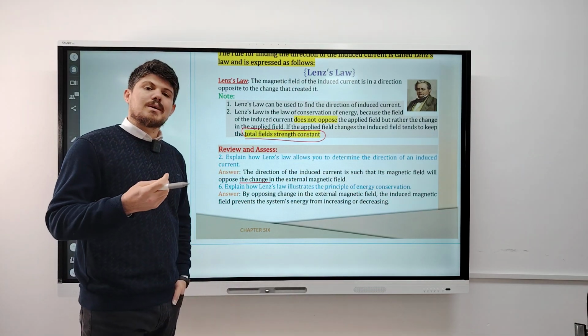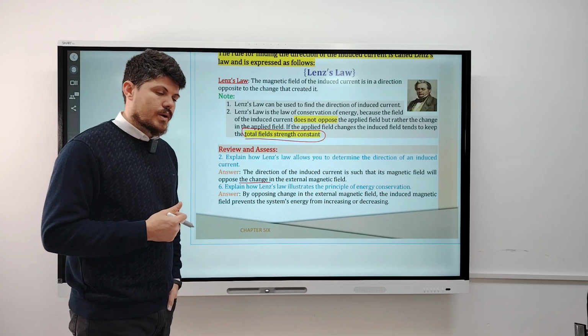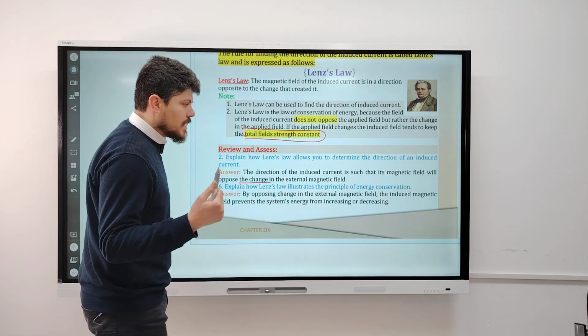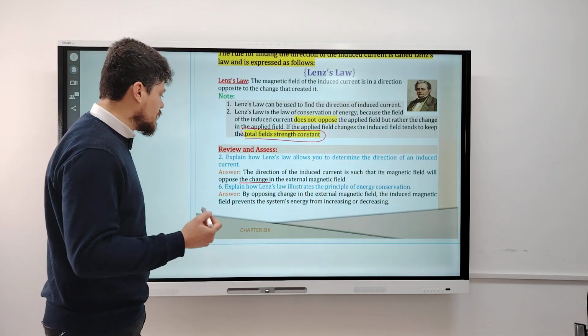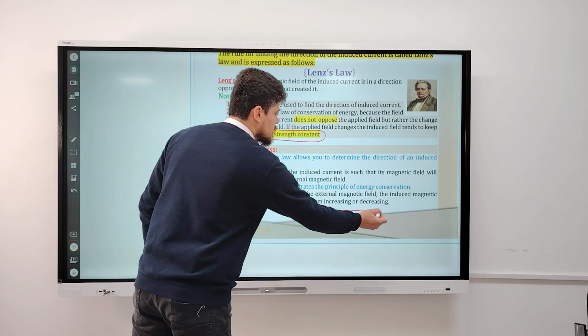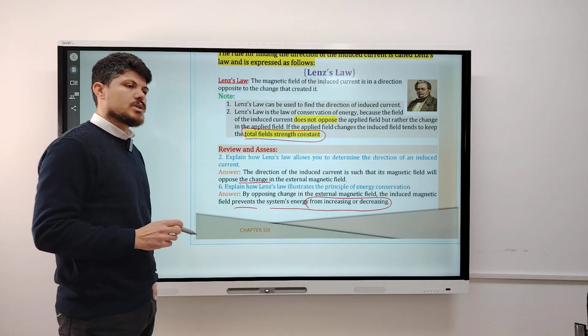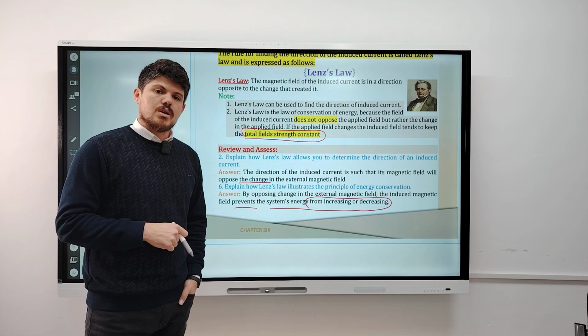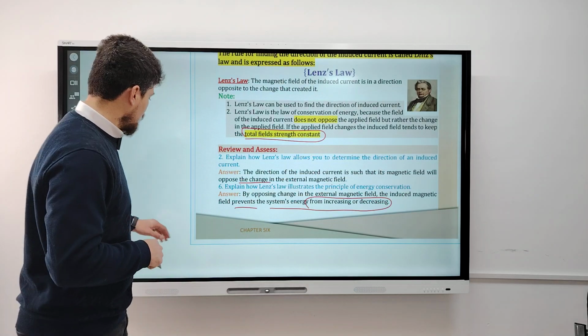Why? Because the total magnetic field does not change. By opposing the change in the external magnetic field, the induced magnetic field prevents what? The system's energy from increasing or decreasing. That is why Lenz's law illustrates the conservation of energy.